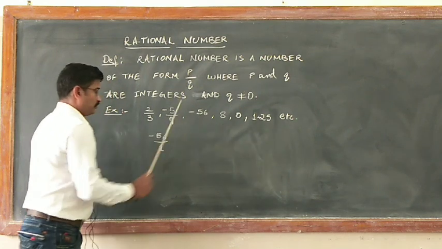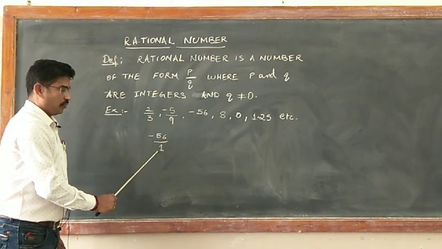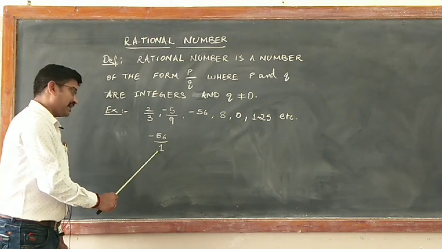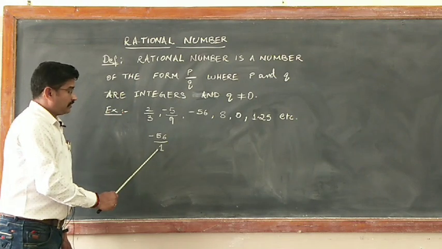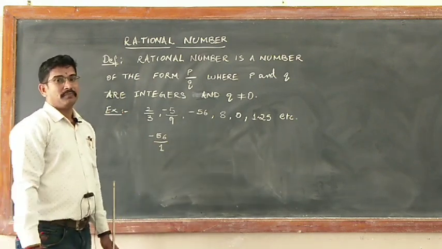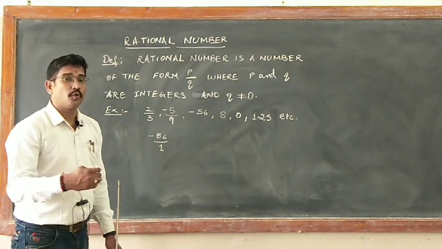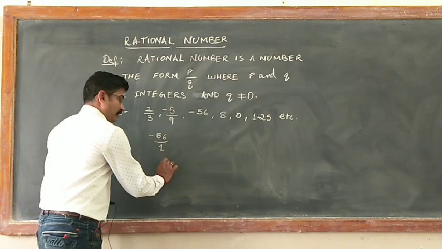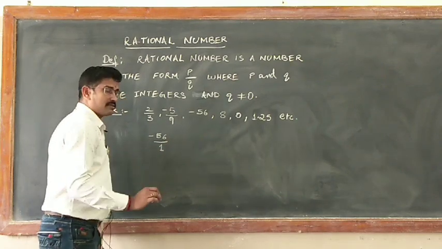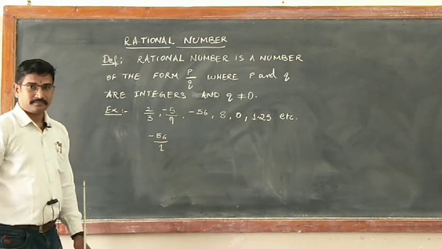Here p is minus 56, q is 1, both being integers and 1 being a non-zero number, so it is also a rational number. From this I can conclude that all the negative integers are rational numbers which can be written with the denominator 1.